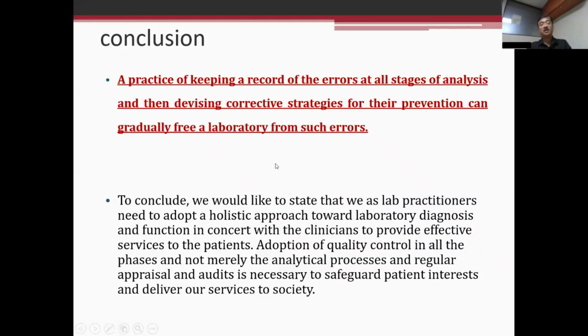Conclusion. A practice of keeping a record of the errors at all stages of analysis and then devising corrective strategies for their prevention can gradually free a laboratory from such errors.